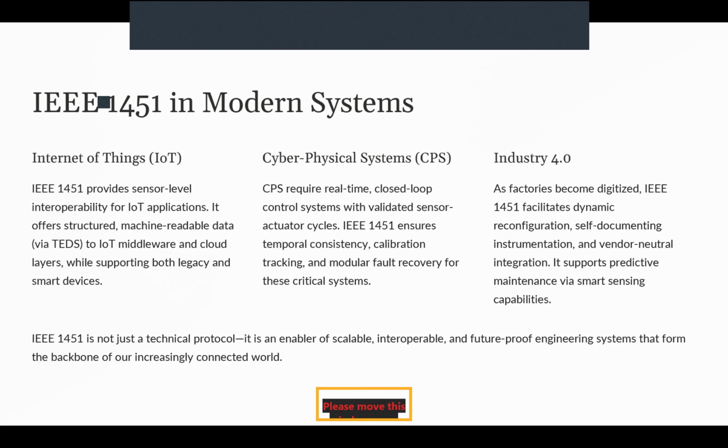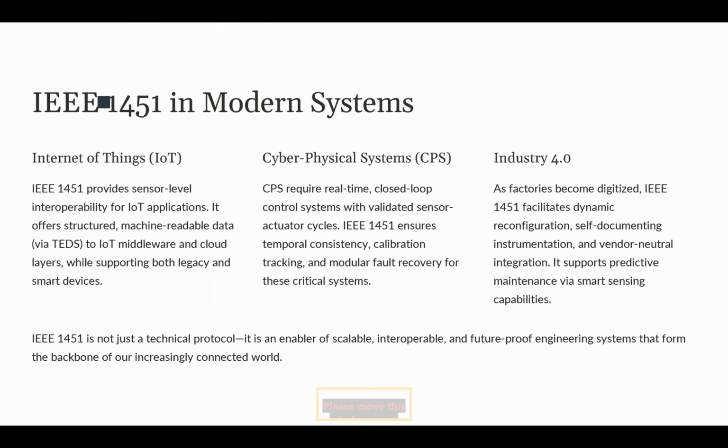Now, the TEDs that we mentioned basically enable the sensors to report degradation, or if they need recalibration, or if they have operational drift, which gives us the ability to have a predictive maintenance strategy when we talk about Industry 4.0.